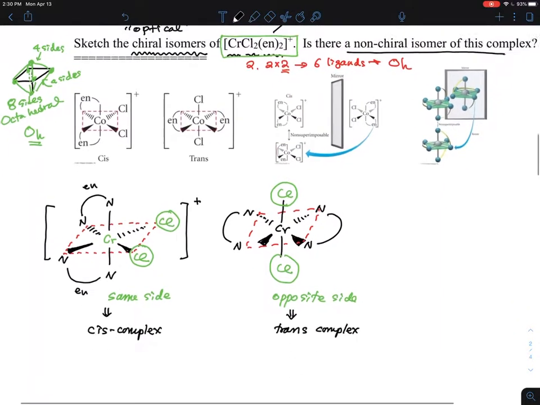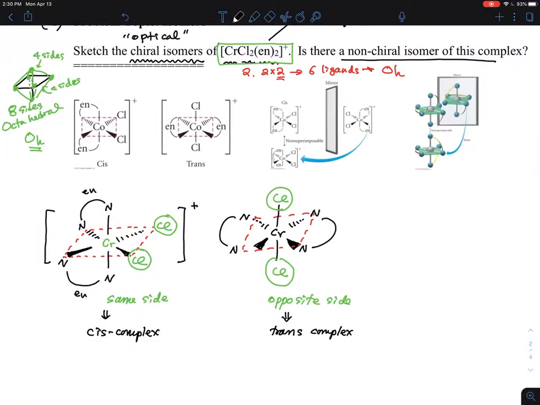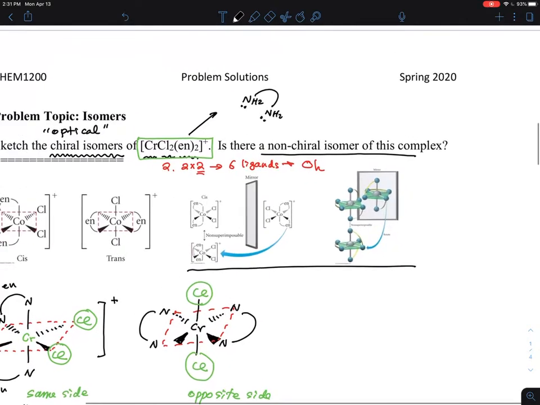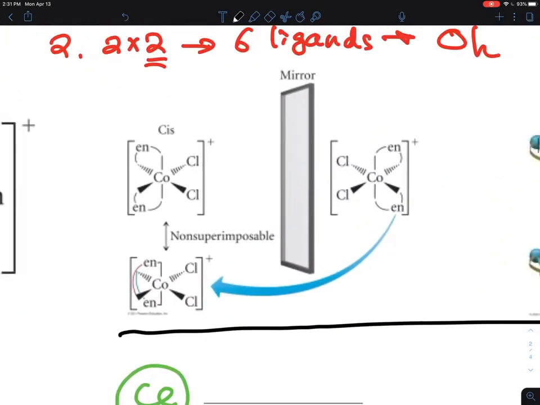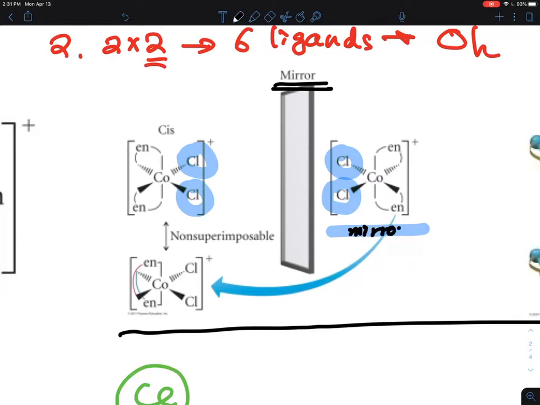One of the ways to understand this comes from your class slide. When you draw this, this is a cis compound, and this is its mirror image, with the chlorine on the other side, and everything is essentially a mirror image.